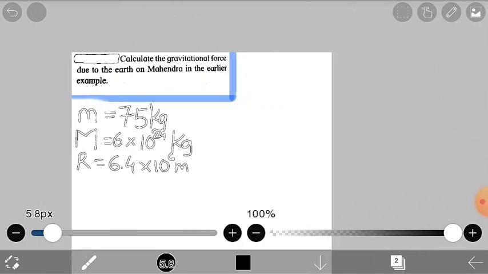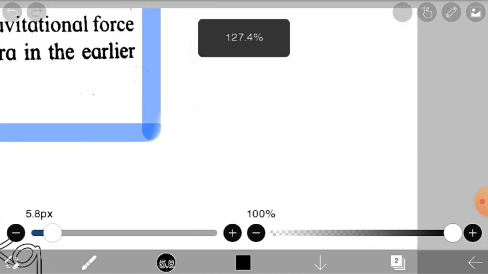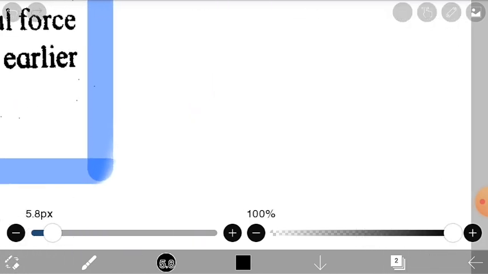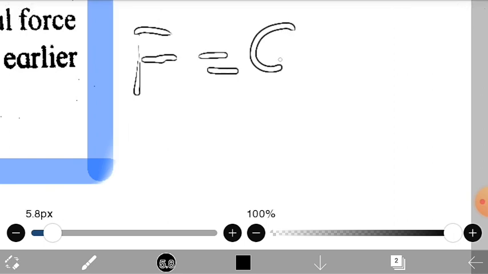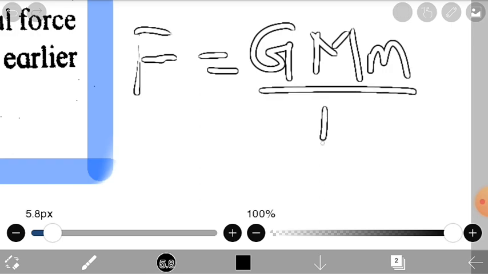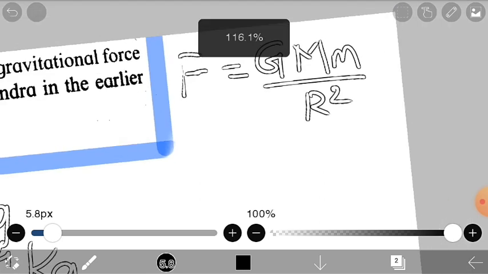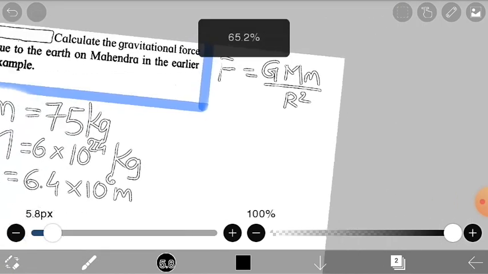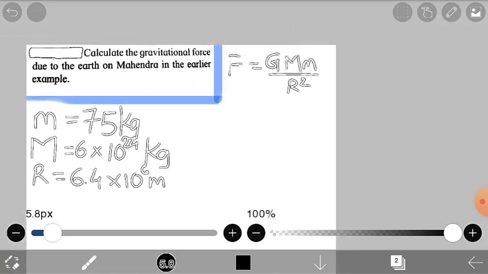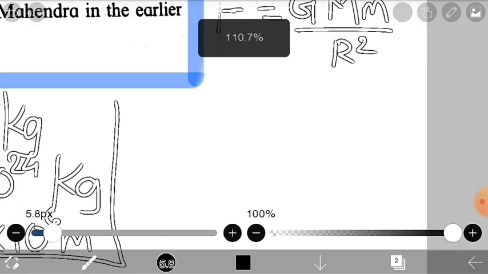So we will write the formula of gravitational force here. The formula for gravitational force is: force equals G, mass of earth, mass of Mahendra, upon radius square. We will put the values in this formula and find the gravitational force between them.